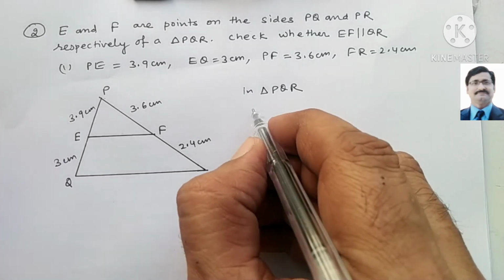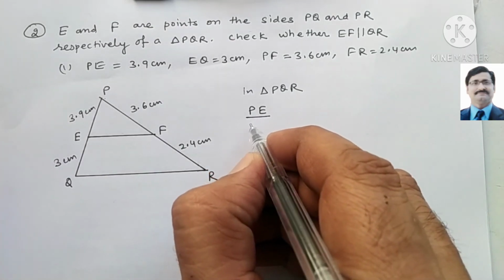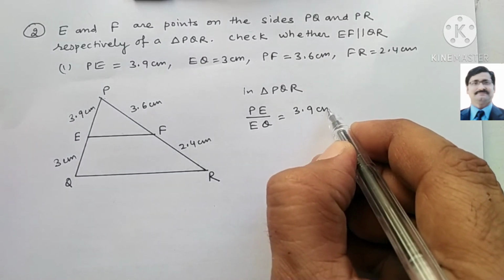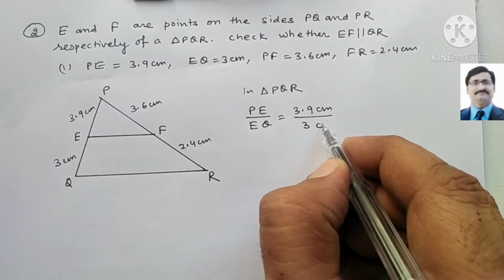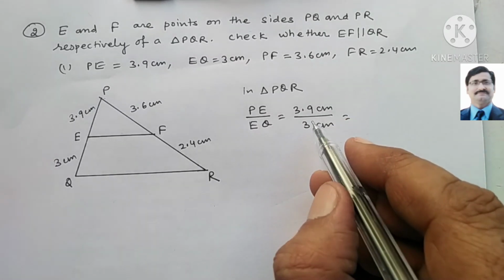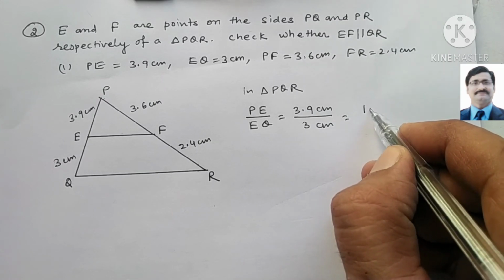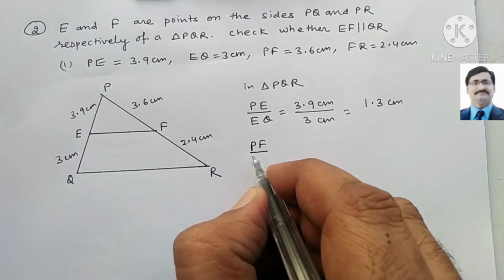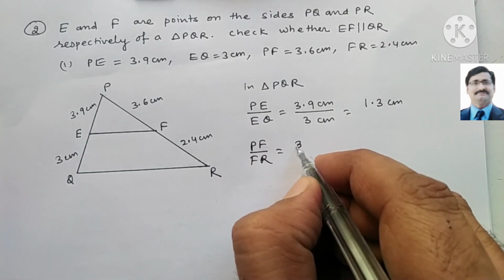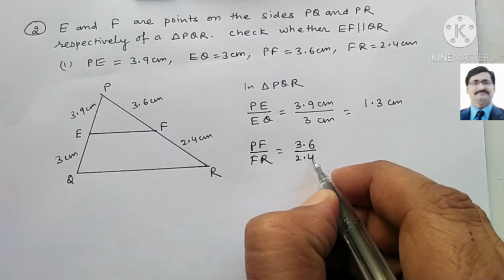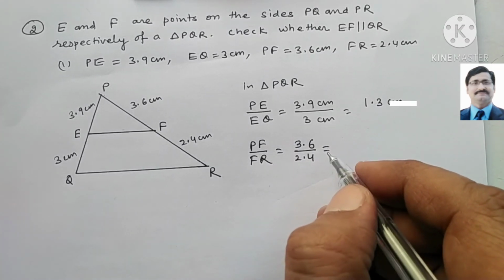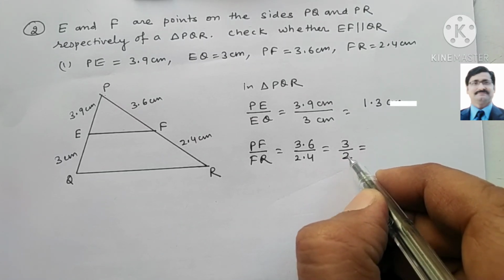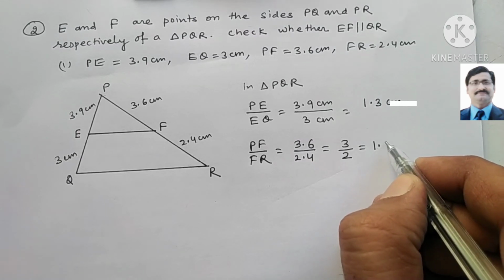Now look here, in triangle PQR, first we find PE upon EQ, and PE is 3.9 centimeter, EQ is 3 centimeter. We cancel, we get here 1.3. Similarly we find PF upon FR, and this is equal to 3.6 upon 2.4, and this we can cancel by 12, we get here 1.5.